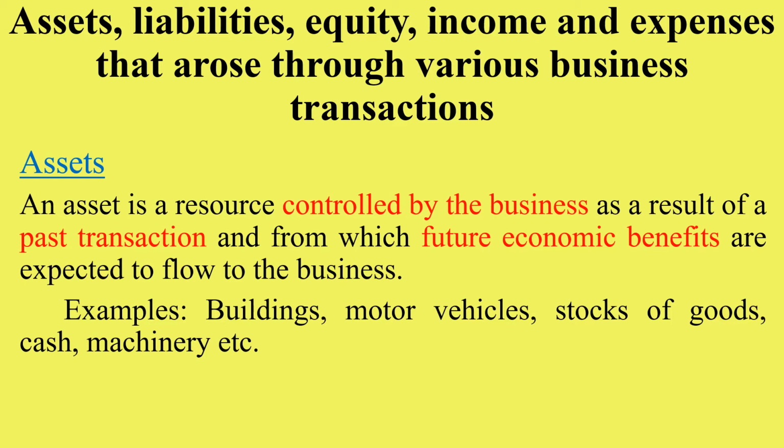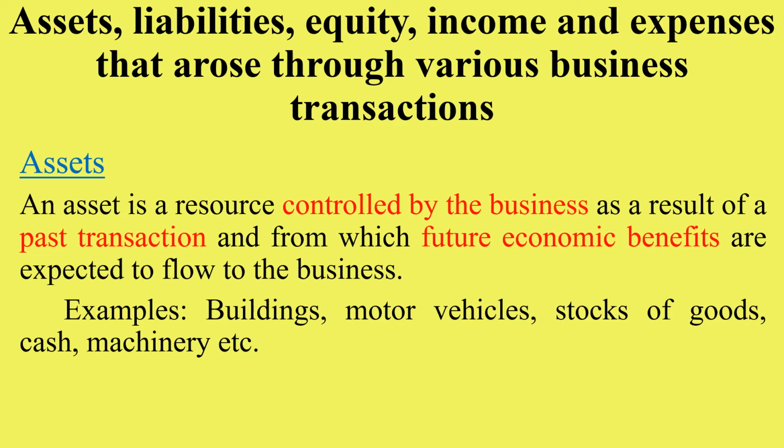Suppose you are purchasing a machine for your business. That is a past transaction. And the purpose of purchasing this machine is to manufacture goods and sell those goods. Through the sale of those goods, cash flows come to the business in future.